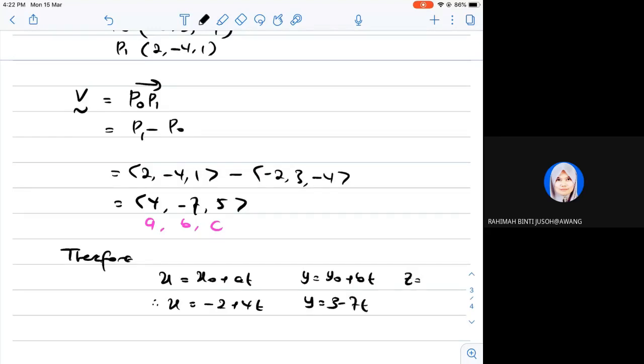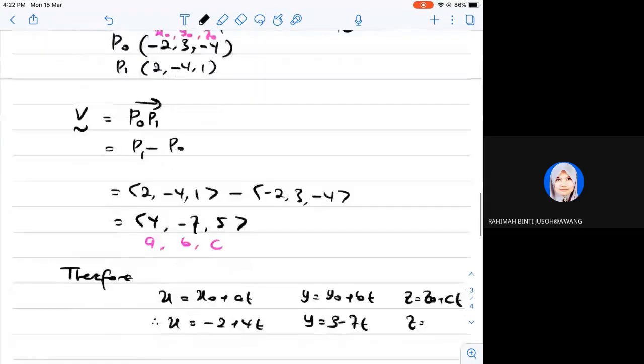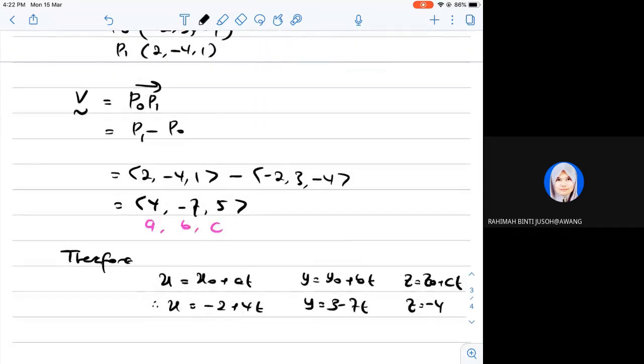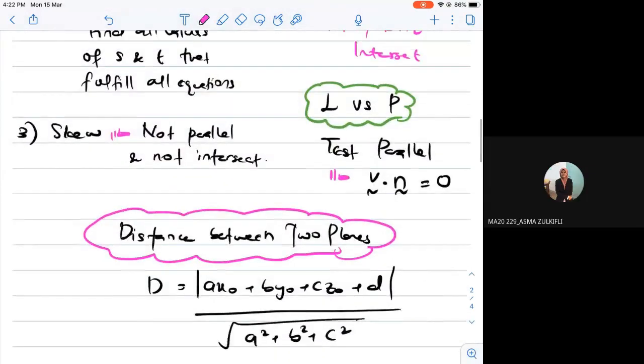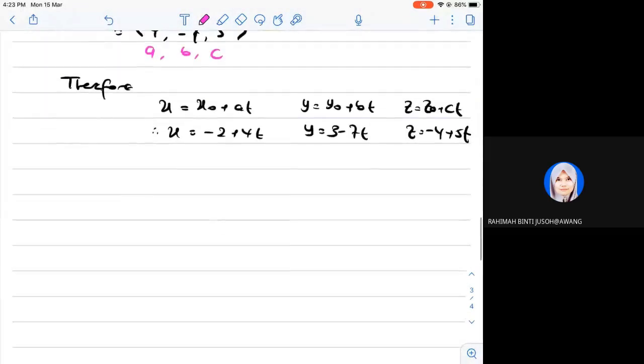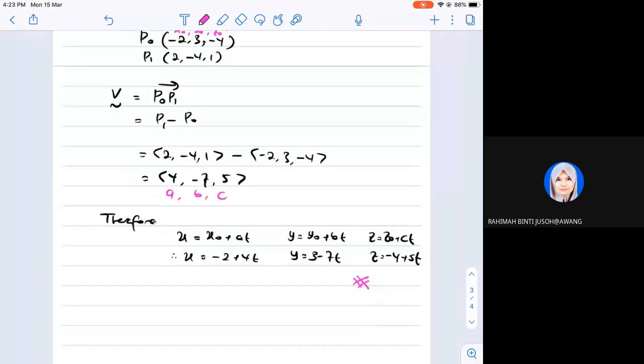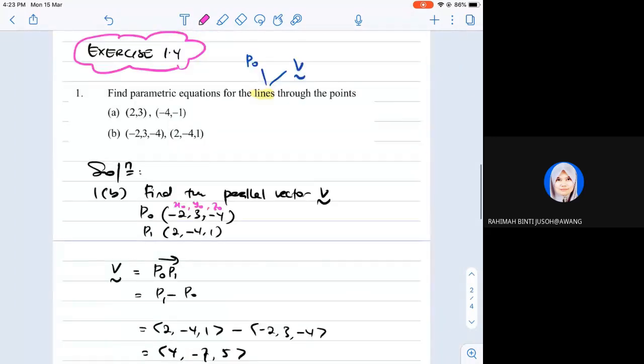And then Z equals Z0 plus CT, so Z equals -4, C adalah 5, so plus 5T. Macam tu. Understand? Boleh guys? Boleh kan? Simple je soalan ni. Alright, so this is the answer for question 1B. Dia nak suruh cari parametric equation je kan?